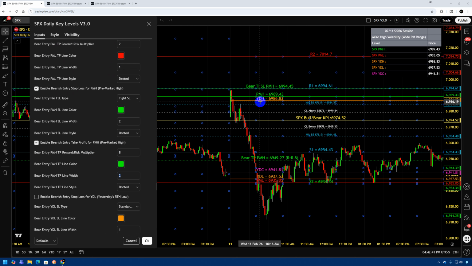As you can see here, if you had this close on this candle, there was no hit of the tight stop loss. Obviously, if you had a standard stop loss, there would be no hit on that either. And this is a reward risk of 8. So this is also on the target. Whatever you have it set to, you'll see it here, just as a reminder of what it is.